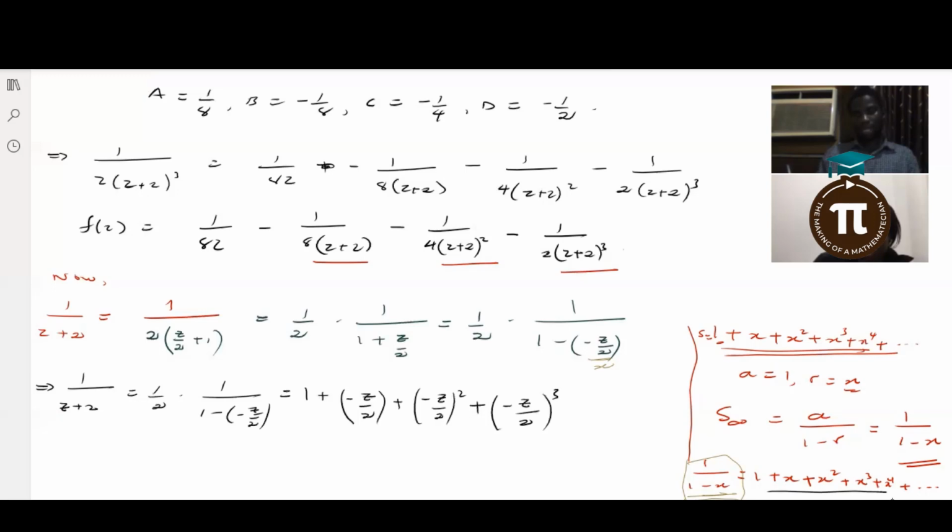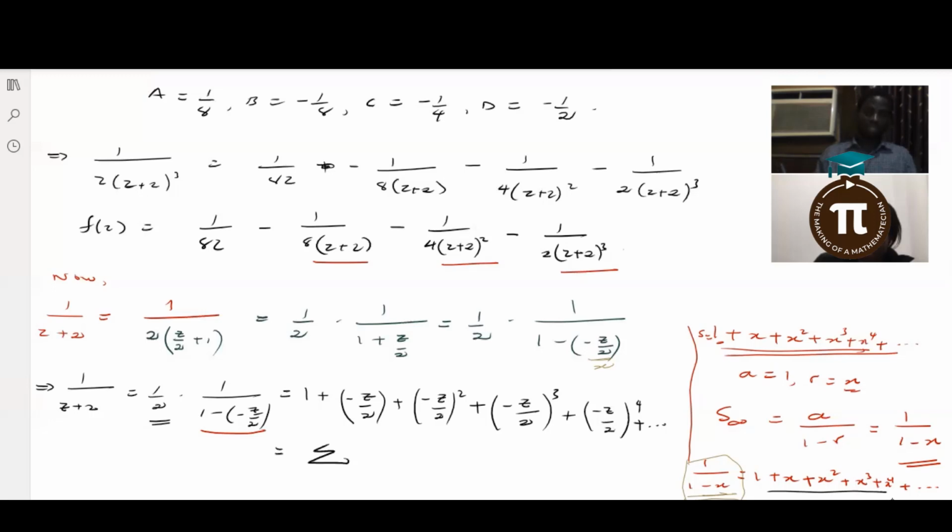So I do not forget this 1 over 2. I'm just writing. Basically, I'm just evaluating this. Yeah. So now I have a plus minus z over 2 raised to the power 4, and it goes on like that. So I can write this using summation.